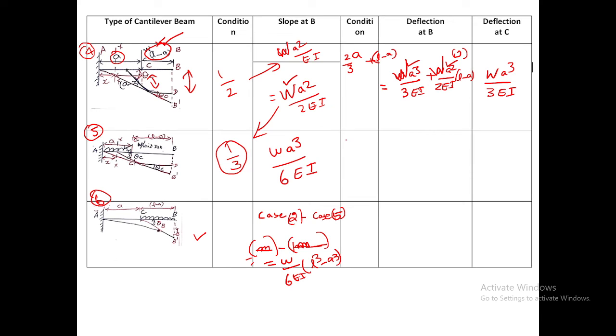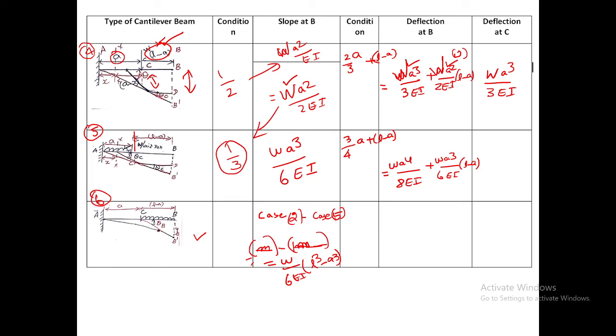Next condition, 1 by 3 completed. So 3 by 4 A plus L minus A. Up to two deflections, at point C and at point B. The deflection at point B is 3 by 4 into this one: W A power 4 divided by 8 E I plus W A cube divided by 6 E I into L minus A. So up to two terms.